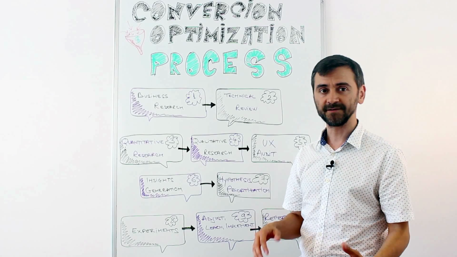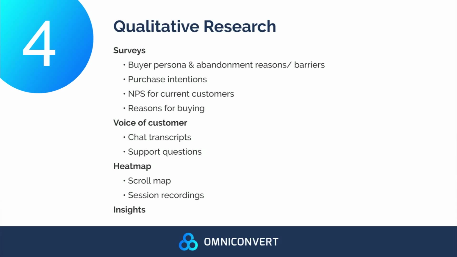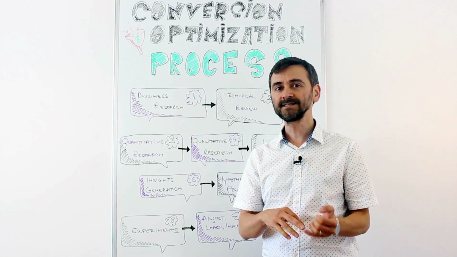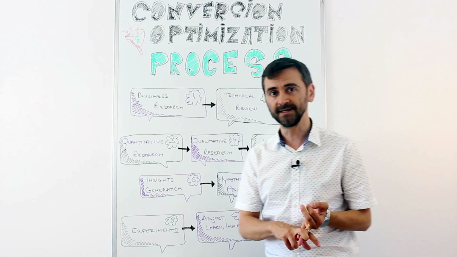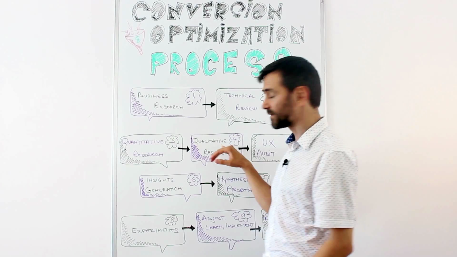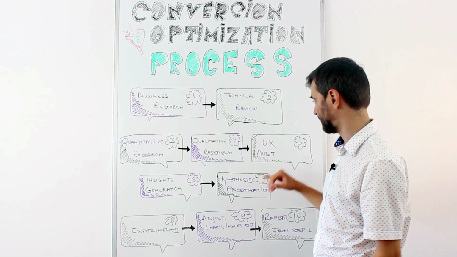Then you do the qualitative research. You see the undermining factors and all the reasons that are making the visitor buy. You can see if there's a desire or if it's a need. You can understand a lot of data from the qualitative research.